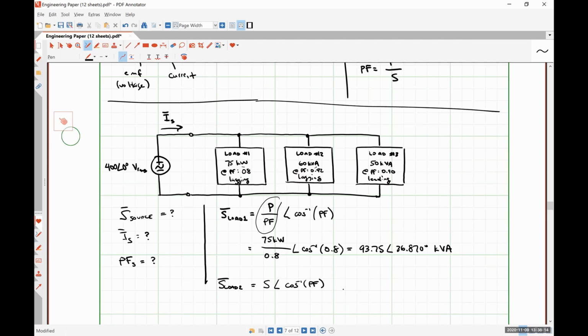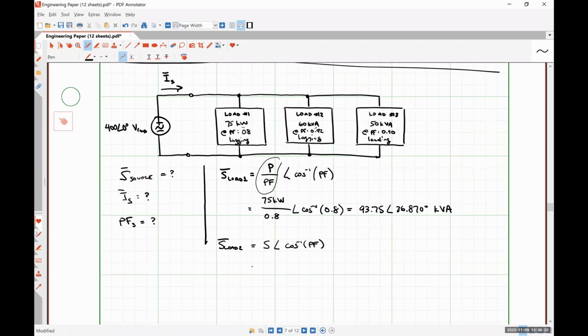Because if you're given the apparent power, you don't have to do any work to find it, right? So in this case, we would have 60 with an angle of whatever the inverse cosine of 0.92 is: 23.074 degrees kilovolt amperes.